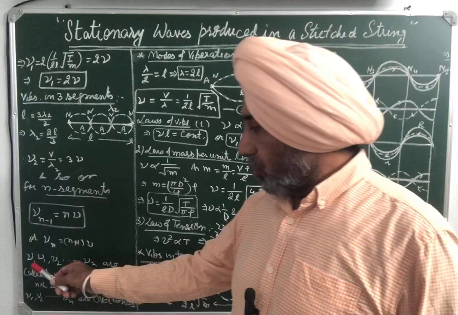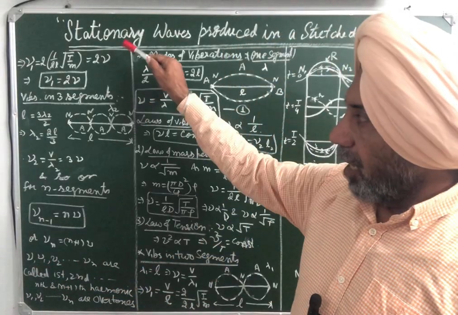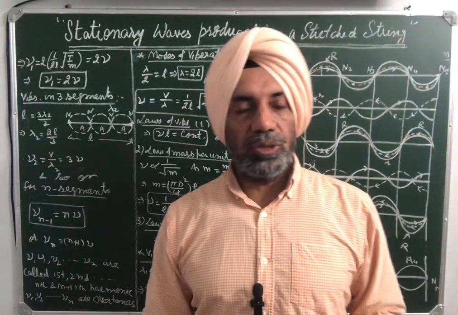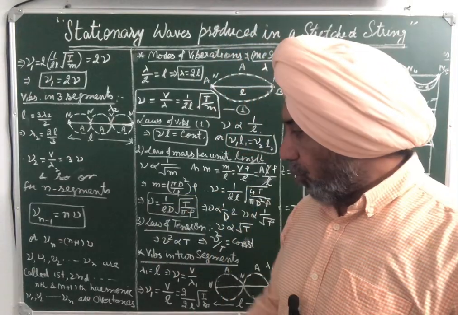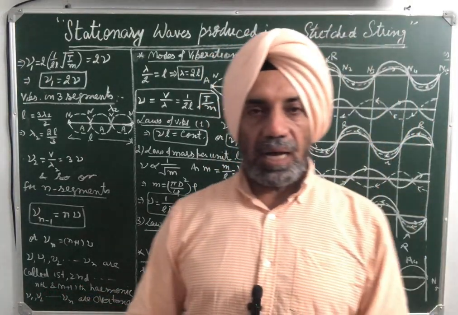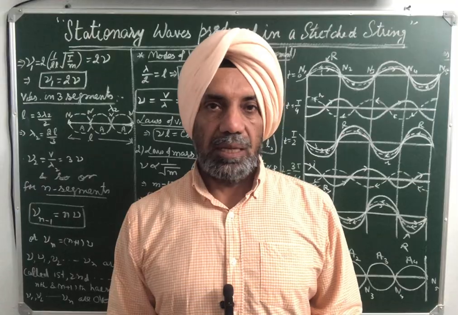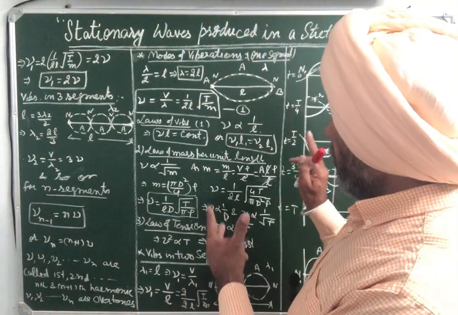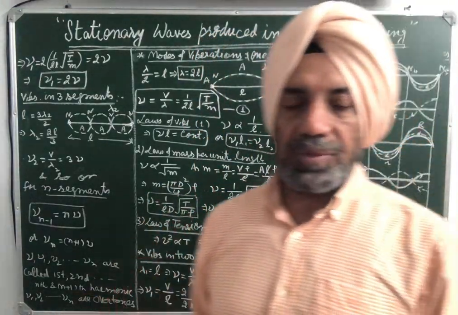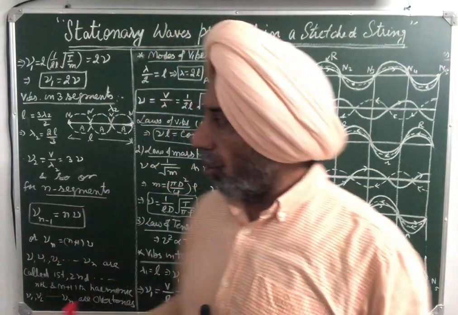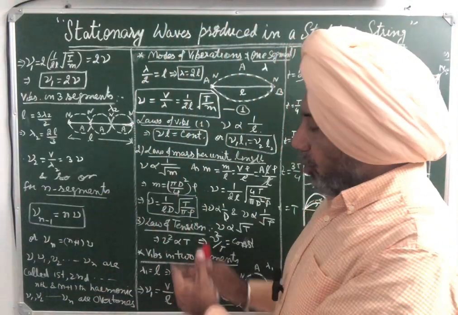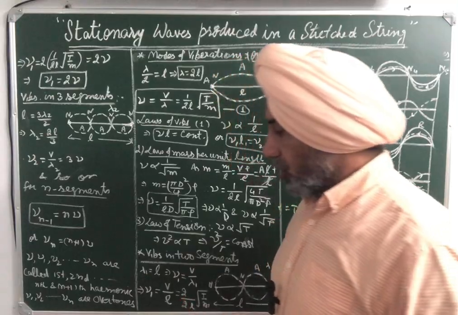So harmonics are nu, nu 1, nu 2, nu 3, and so on, whereas overtones are the harmonics other than the fundamental frequency. So this is all about the formation of stationary waves or standing waves in a stretched string, and how harmonics and different overtones are produced.